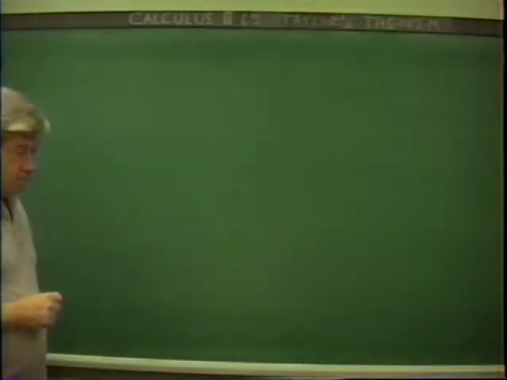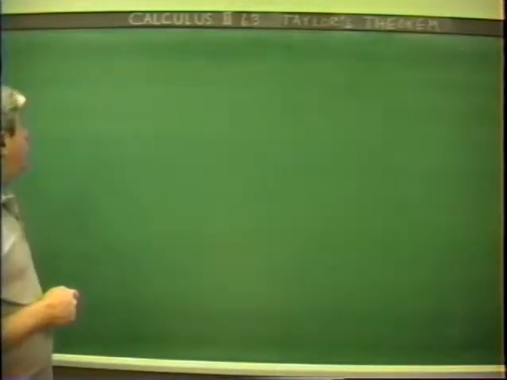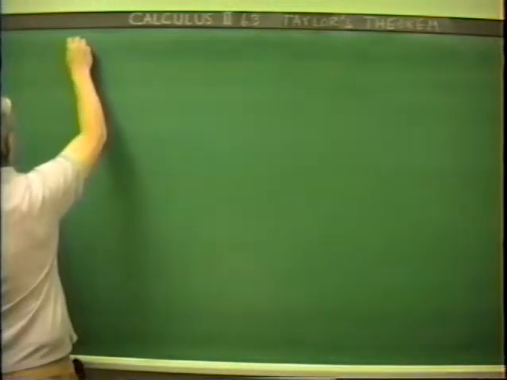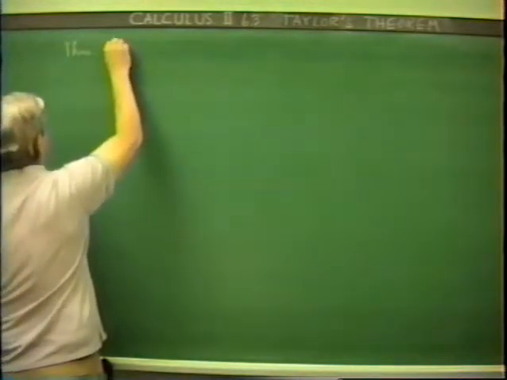We want to look now at Taylor's theorem. Taylor's theorem gives you a way of determining how well a particular polynomial approximates the function. So, the theorem is as follows.